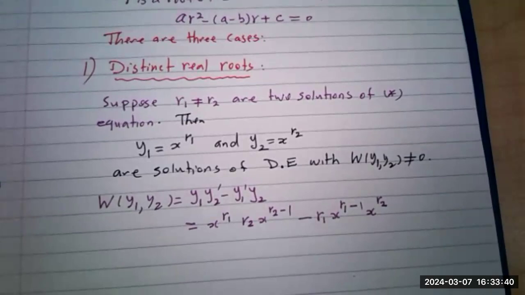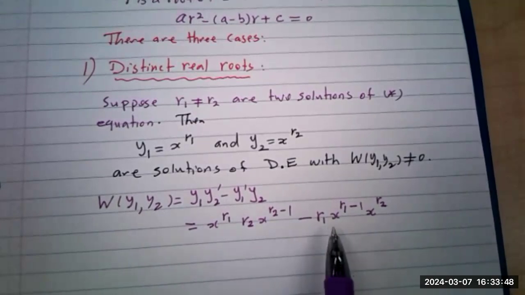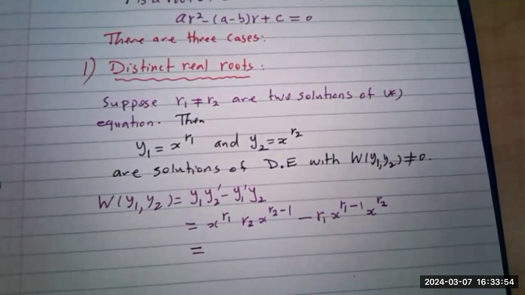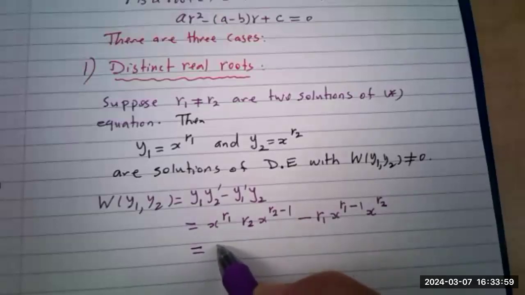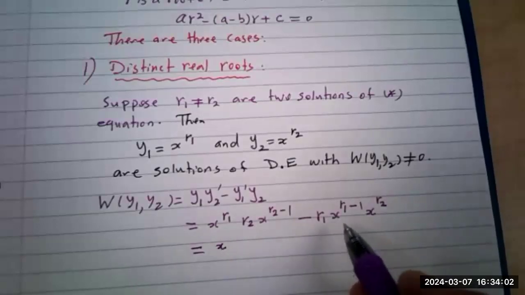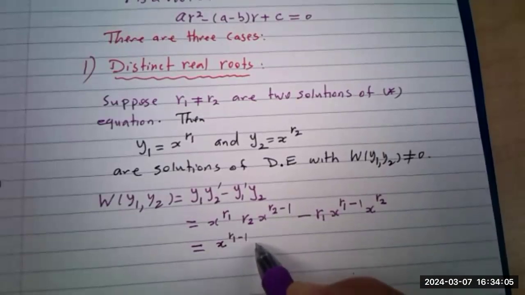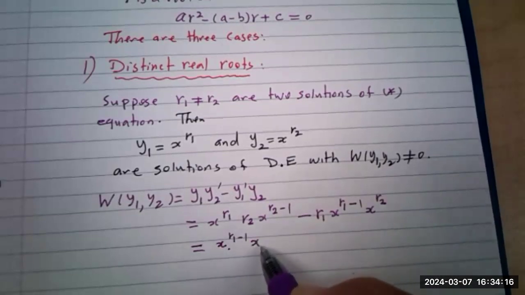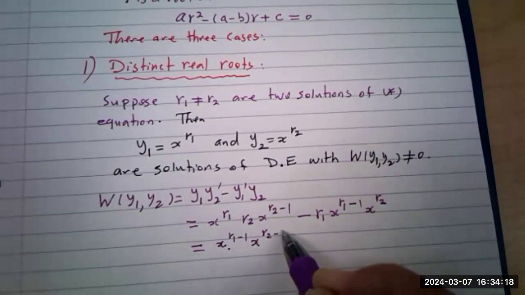So these are going to be the case. We can factor out, if you would like to show that the leftover is a non-zero number. It's not a big deal. To prove that it's non-zero, you see this is x to the r minus 1, so we can factor out x to the r1 minus 1 and x to the r2 minus 1.